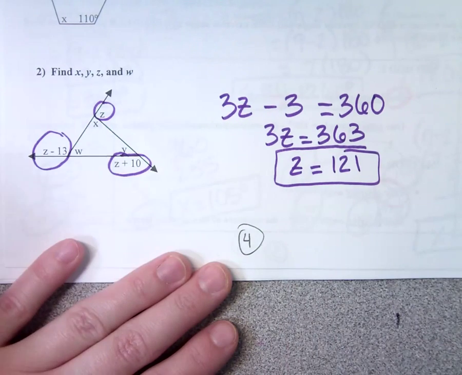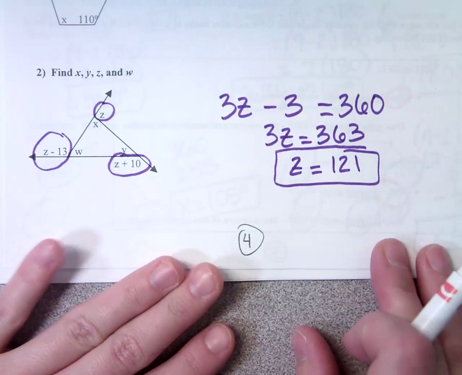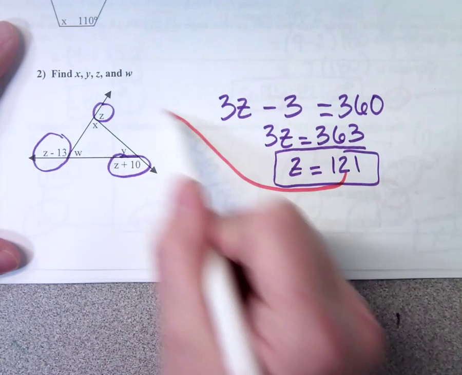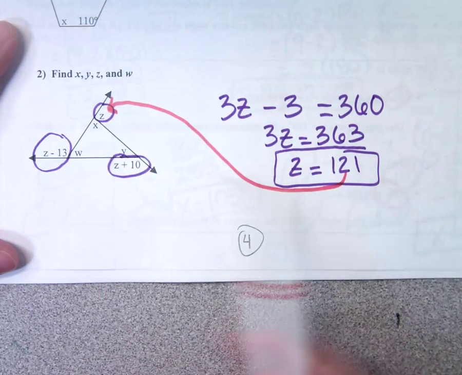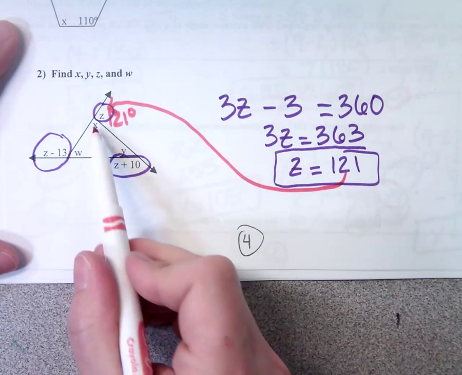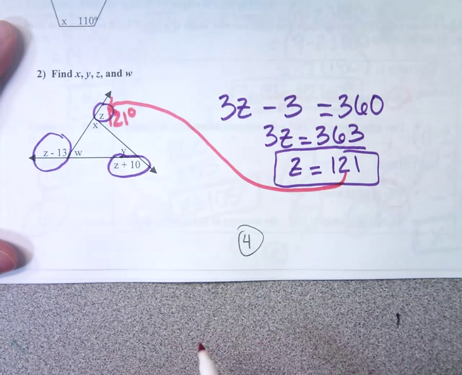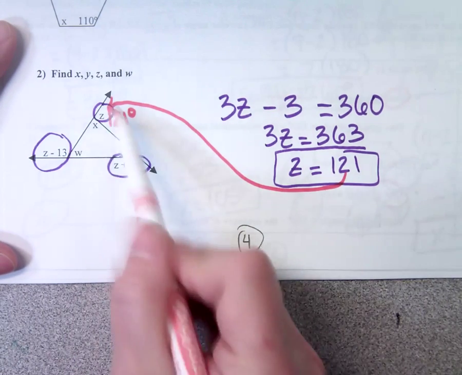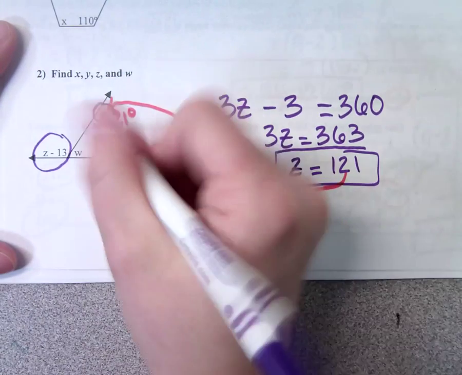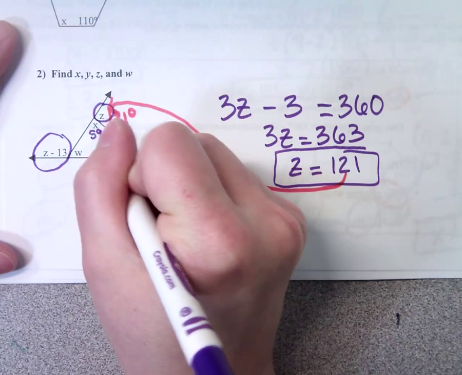Okay, that's z. Now, I'm interested in x, y, and w also. So, let's plug this 121 in right here. If this little angle right here is 121 degrees, how would you figure out what x is? Take 180 minus 121, which produces what? 59.